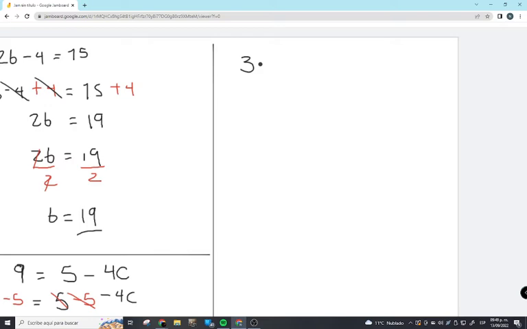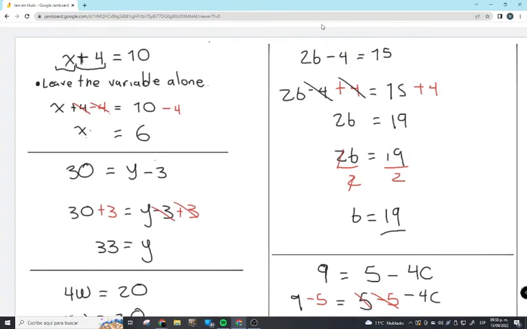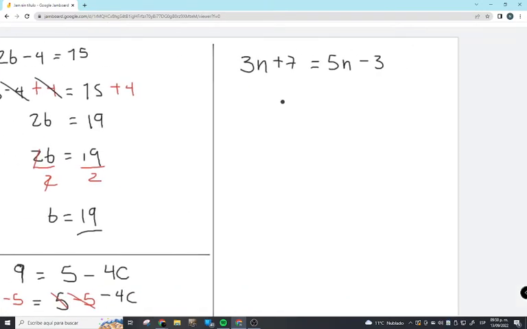I don't know which letter we are going to use, it could be any. It doesn't matter, I'm just making up the examples as I go. So what happens here when you have variables on both sides? Because remember, you want to leave the variable alone.